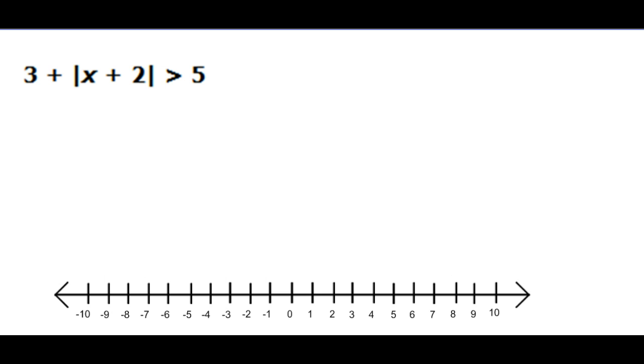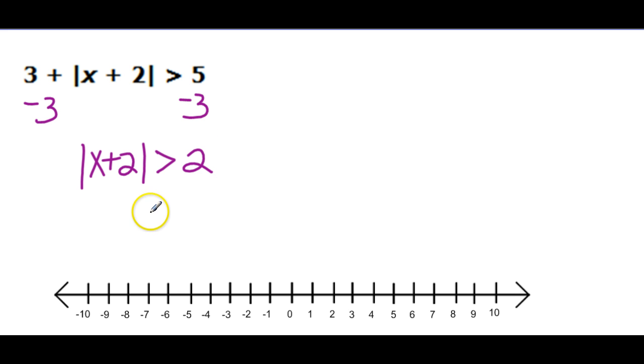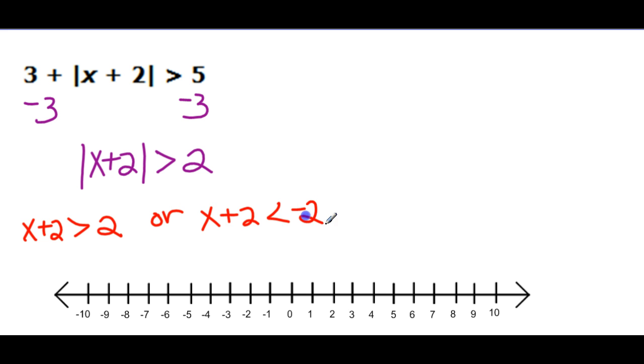Okay, let's try this one. Let's subtract 3 from both sides here. So minus 3, minus 3. You get the absolute value of x plus 2 is greater than 2. Again, this is an or situation. So we're going to get x plus 2 is greater than 2, or x plus 2 is less than negative 2.